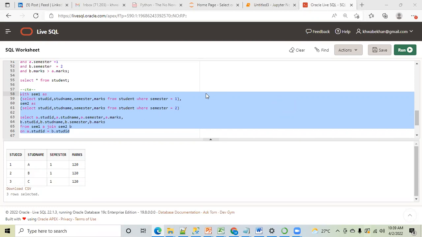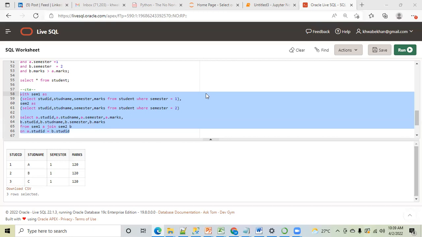Then we are selecting from the two tables: a dot student ID, a dot student name, a dot semester from table 1, and the same from table 2, applying alias b for all the columns. Now we are joining sem1 to sem2 with the aliases, where a dot student ID equals b dot student ID.